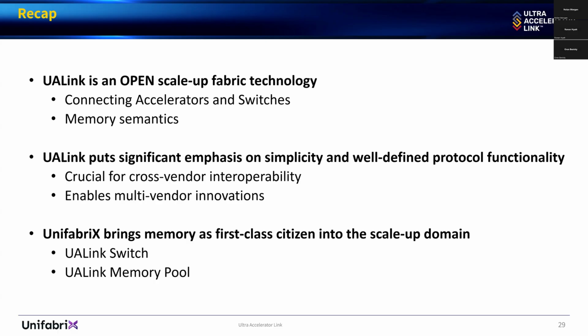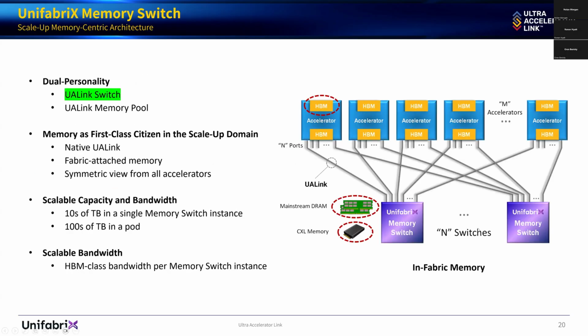Perfect. And in what ways might CXL and UALink work together, and where might their roles differ? Good question. So CXL is a resource. It can serve multiple things. First of all, it can serve as a memory resource.